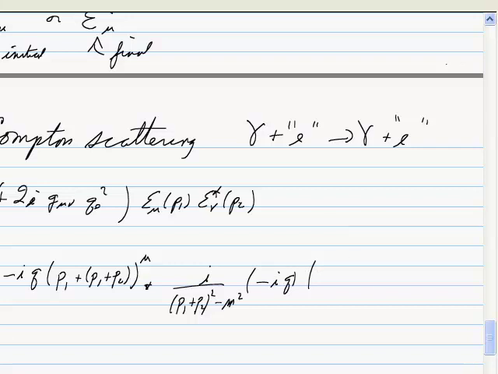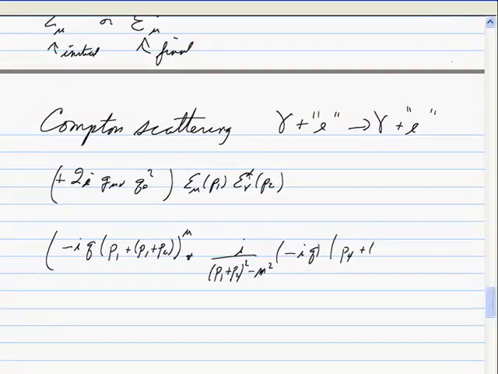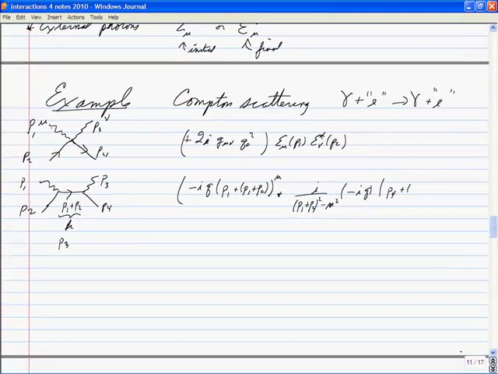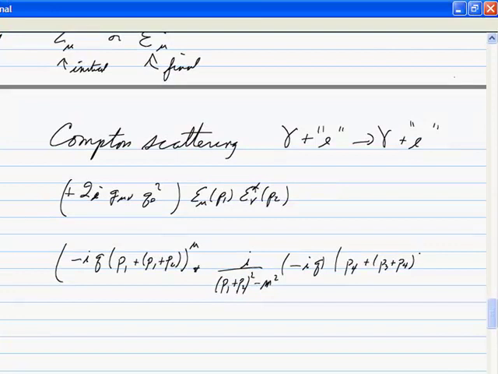At this vertex, it's P4 plus, I should tell you that this is P1 plus P2 is also P3 plus P4. This guy's nu. And then I end up with epsilon nu mu, epsilon nu star, just like before.